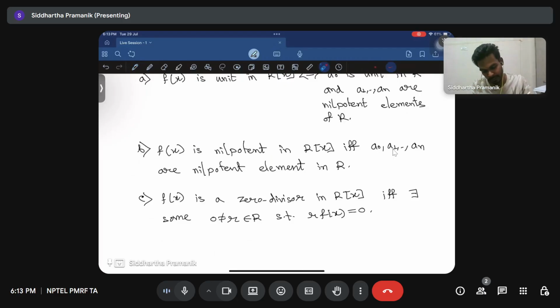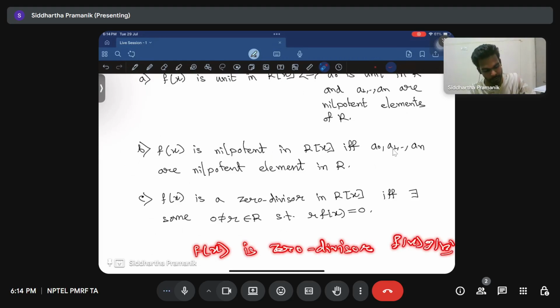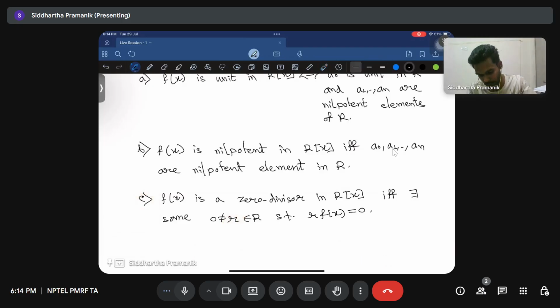Zero divisor means f(x) times g(x) should be 0 for some non-zero g(x). But the third statement says that this g(x) we can take as a constant polynomial, meaning an element of the base ring. So let's see the proof of these three statements.